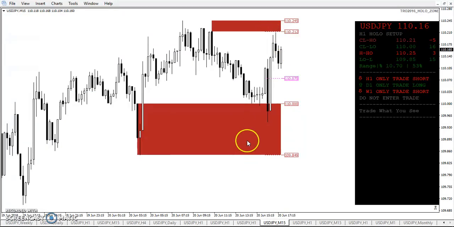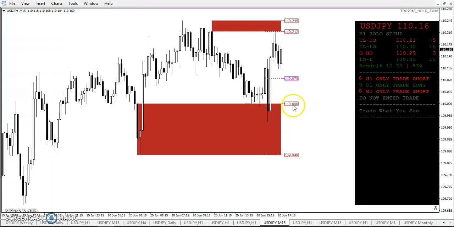Holo, highest open, lowest open. Once again, price almost always exits. Almost never does the day close within a holo zone, either the highest open or lowest open. It just doesn't happen.